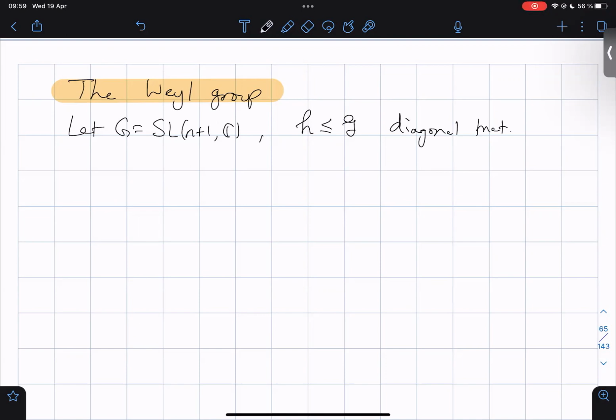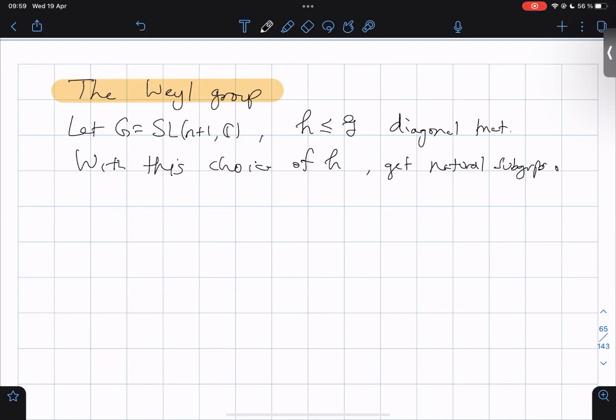Okay, so with this choice, there are natural subgroups. You could ask for the subgroup preserving this choice.